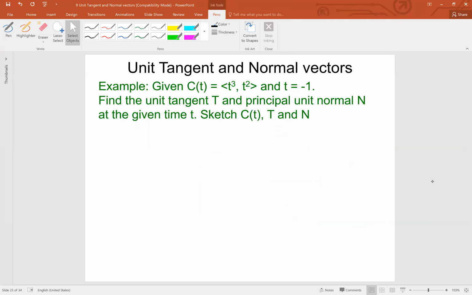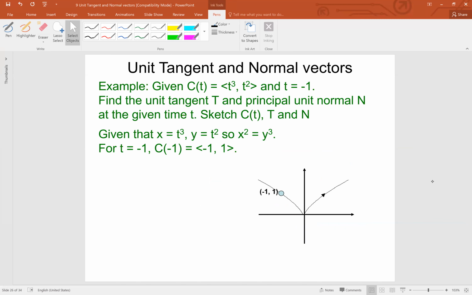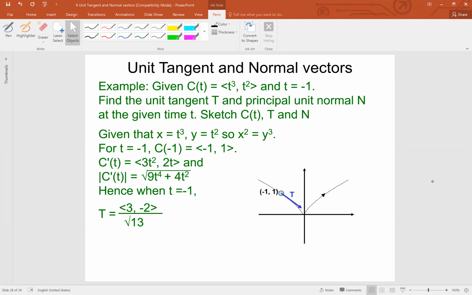You calculate the tangent, and for instance, here's the point (-1, 1) at t equal to -1, and the tangent vector I can calculate by plugging in -1, and after you normalize it, you get a unit tangent. Now what's the unit normal? Well, I have to take c prime of t divided by the length of c prime of t, and I have to take the derivative again.